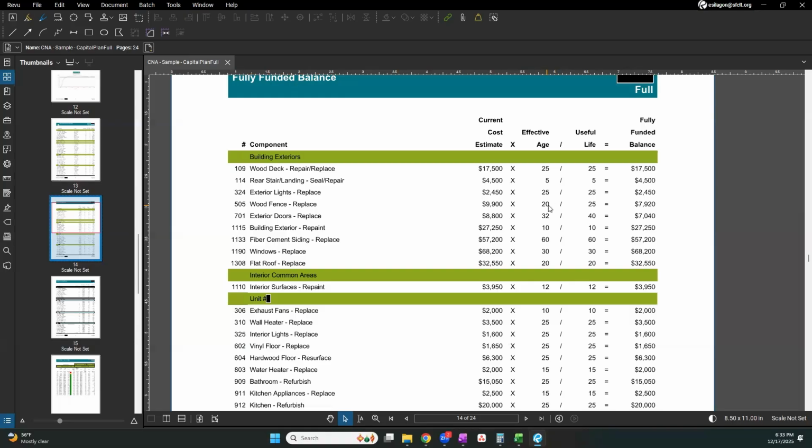However, since it's only about 20 years old and there's still 5 years left on it, what we need to have in our fund right now is actually only $7,920. And then the assumption is by the time we hit that year 5, we will have the full amount to replace the fence. So the fully funded balance is really looking at what do you need to have in your reserves today in order to afford the immediate needs plus a portion of the future needs.